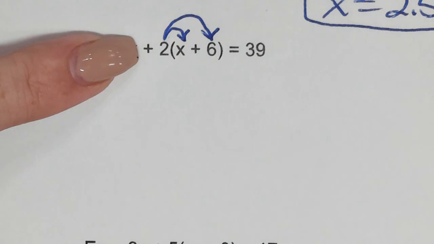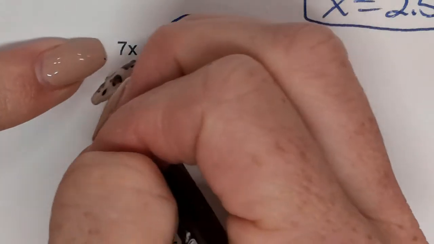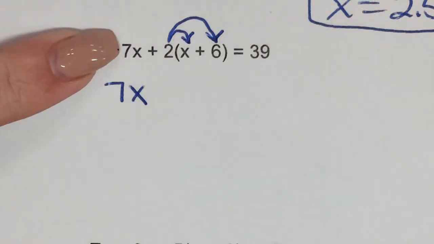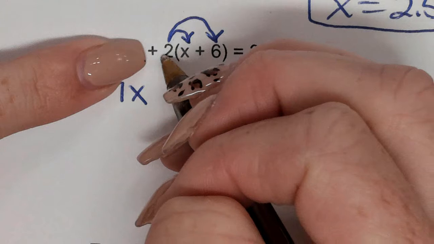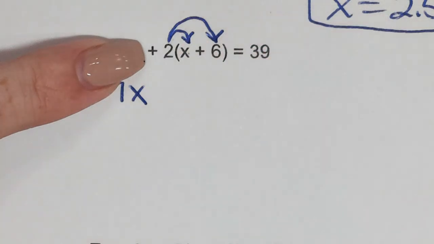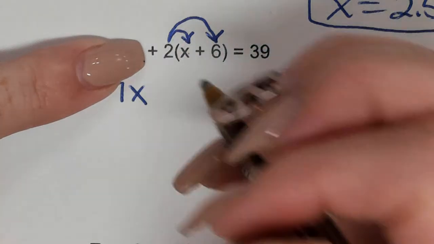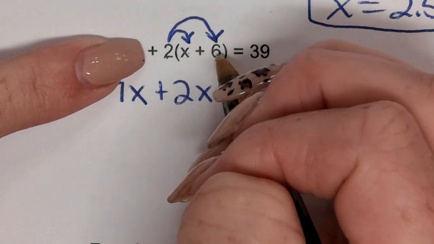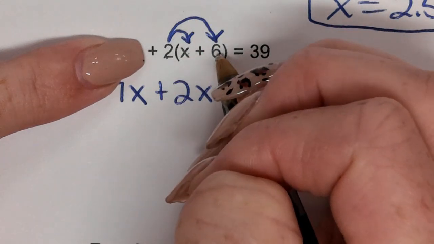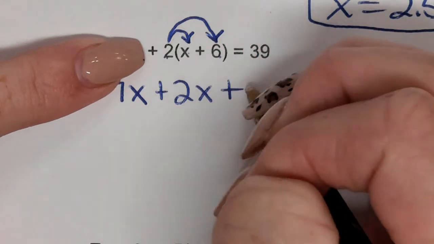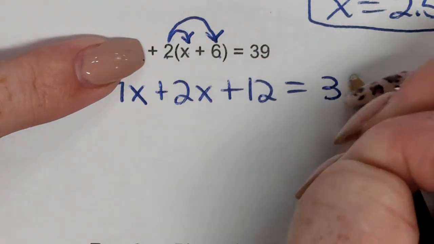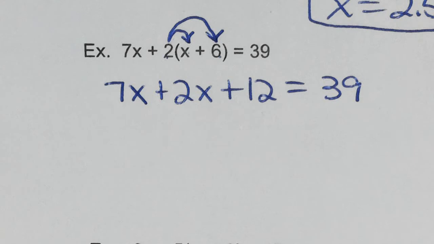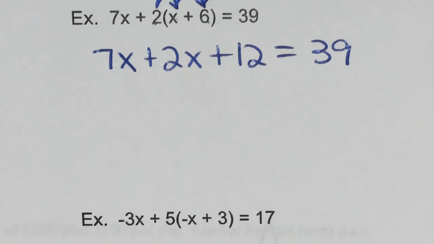And I noticed on y'all's test, this is where y'all were struggling. All right, so I'm just going to write 7x because I'm not going to deal with that. What is 2 times x? Positive or negative? So plus 2x. And what is 2 times 6? Positive or negative? Plus 12 equals 39. Now does it look just like the other problems we've been doing?